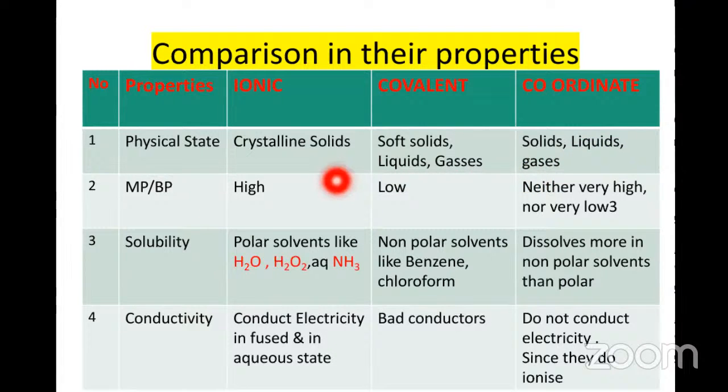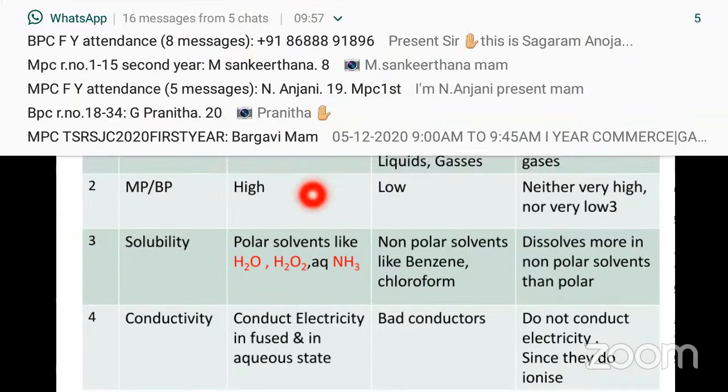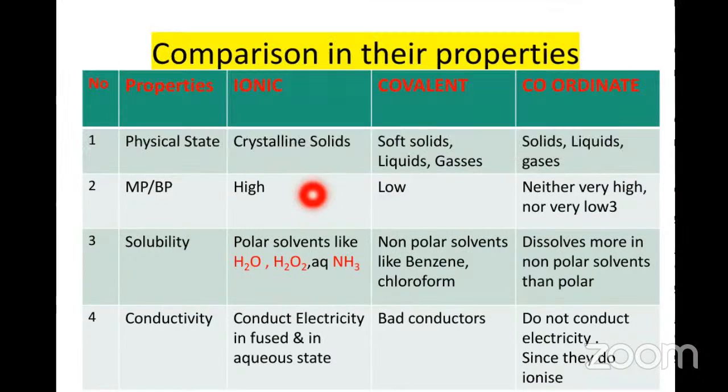Then the difference in their melting and boiling points. Ionic compounds have high melting points because of the forces between oppositely charged ions. But covalent compounds have low melting and boiling points because the molecules are held together by weak forces of attraction compared to ionic compounds.